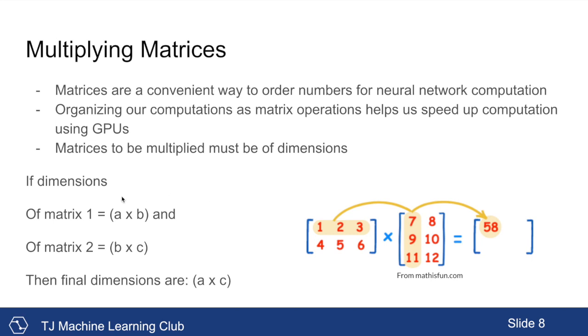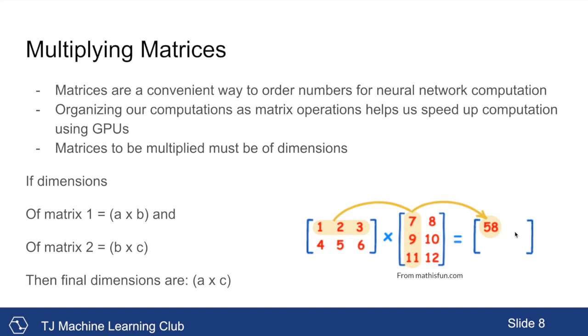And so just to review matrix multiplication, let's say we have this matrix here. The dimensions of this matrix are 2 by 3, right? 2 rows and 3 columns. And the dimensions of this matrix here are 3 by 2. To conduct matrix multiplication, you have to have the same number of columns in the first matrix as the number of rows in the second matrix.